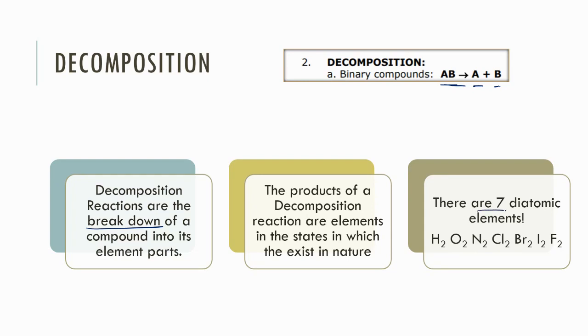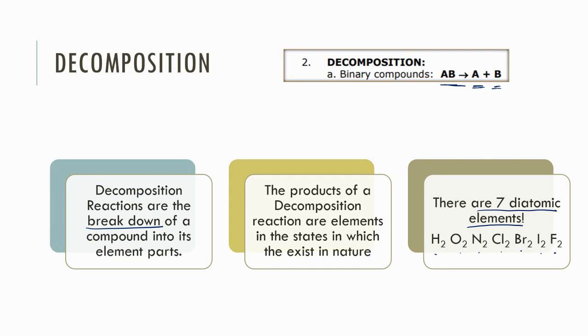There are 7 elements that when they are by themselves as elements are diatomic. They come in pairs, right? So they will be H2, O2, N2, Cl2, Br2, I2, and F2. Whenever you have those elements as products here, and you'll see it also as reactants in synthesis reactions, they come in these little pairs, okay?